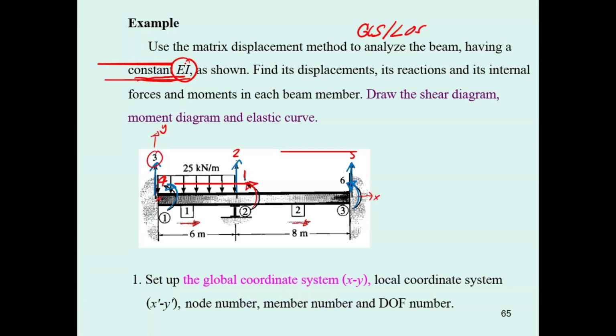The end of your capital D sub U is going to be in terms of 1 over EI. For the task, it's going to be in terms of AE. In this problem, your capital D sub U is going to be in terms of EI because we don't have the value of EI yet. Now, following the global coordinate system, local coordinate system, member numbers, and degrees of freedom, we start our calculation.